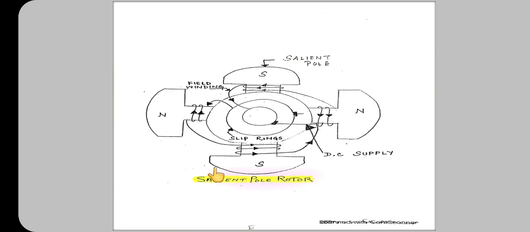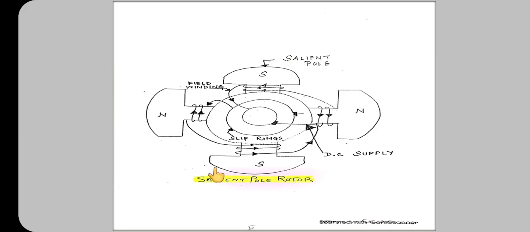The salient pole construction cannot be made strong enough to withstand the mechanical stress to which it may be subjected at higher speed. Since a frequency of 50 Hz is required, we must use a large number of poles on the rotor of low speed alternators.